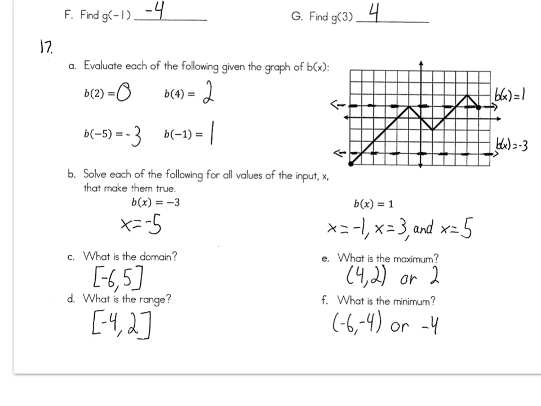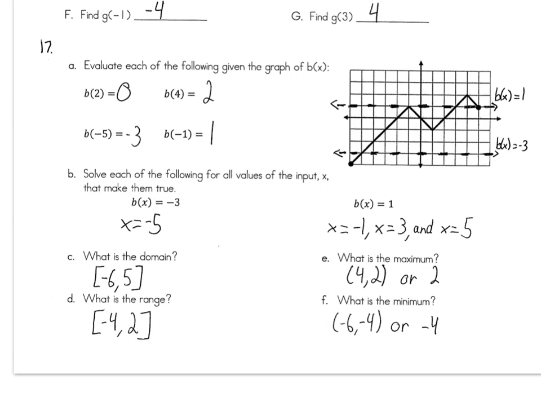All right, more function input, output. b of 2: when x is 2, y is 0. When x is 4, y is 2. When x is negative 5, y is negative 3. When x is negative 1, y is 1.